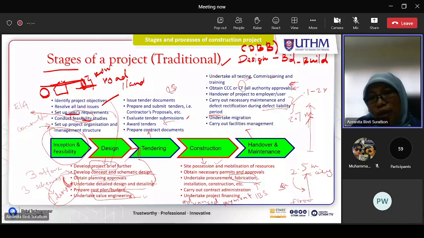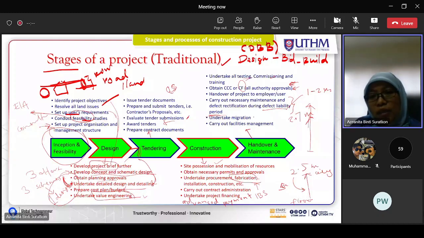So any defect that rises during the occupancy of 1 to 2 years, which is actually due to the poor workmanship of the contractor, he needs to rectify during this stage.